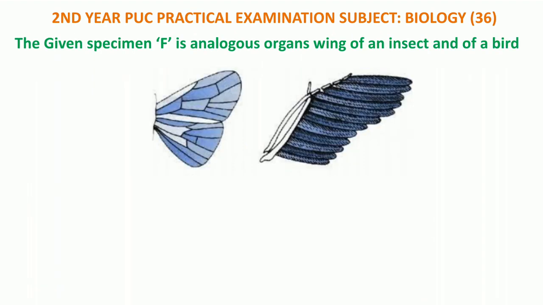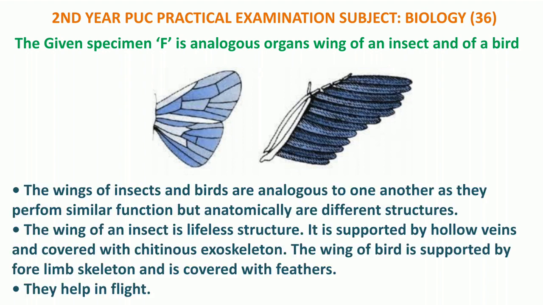If you get this one, the identification is: the given specimen F is analogous organs, wings of insects and birds. The points for this: the wings of insects and birds are examples of analogous organs. They perform similar functions but are anatomically different in structure.